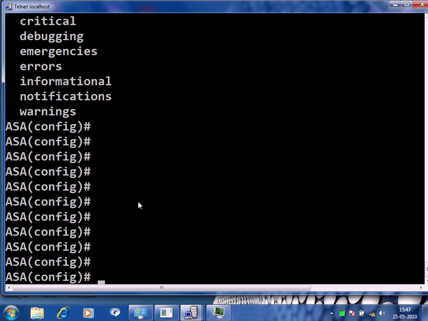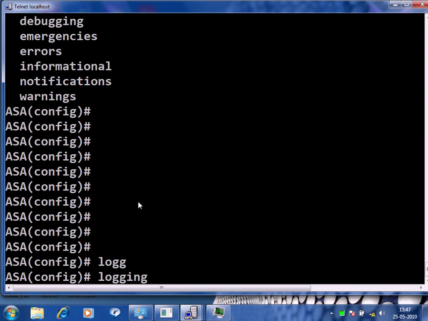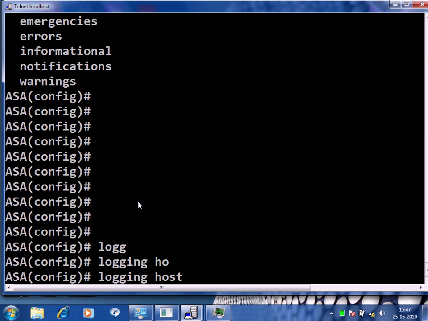In ASA there is no major difference. Logging console, and what type of message you want to see, up to which level. Let's say if you type 0, only emergency messages, if generated, will be shown on the console. But we want to see all the messages. That's why I said 7 means all.